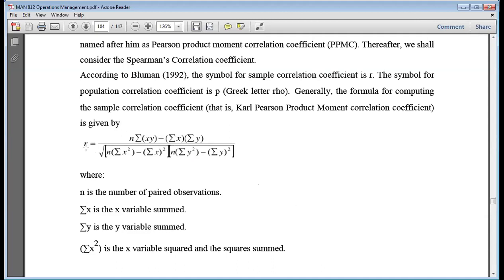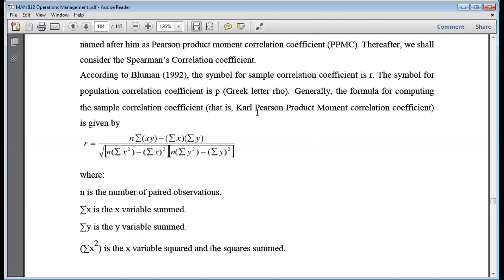When you get the R, that is when you now determine. This formula is the formula for the Pearson product moment correlation coefficient, which I said is of 2 types. We have the Pearson product moment correlation, which was developed by Karl Pearson. Then we have the Spearman rank correlation. When we finish this one, we do the Spearman rank correlation.